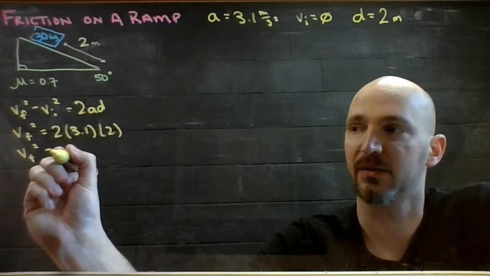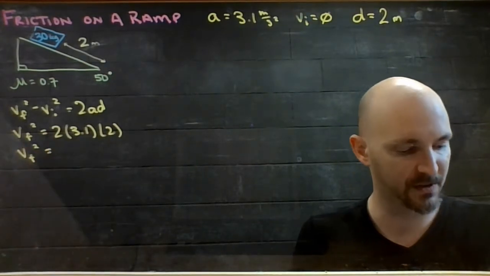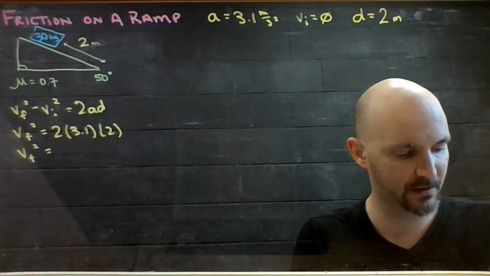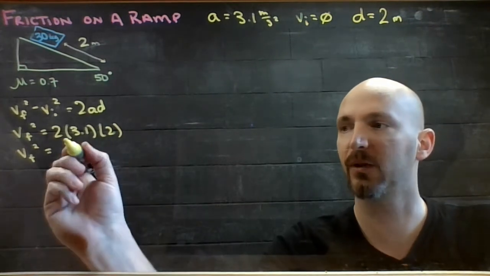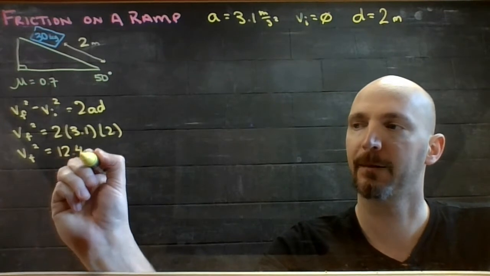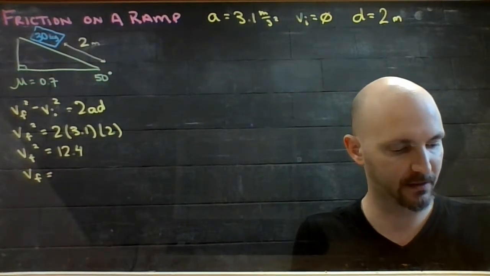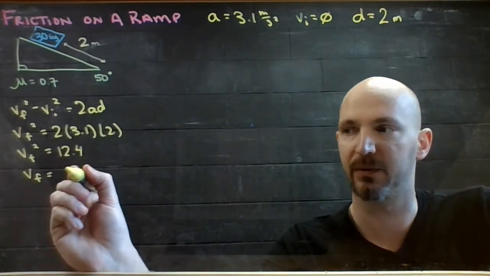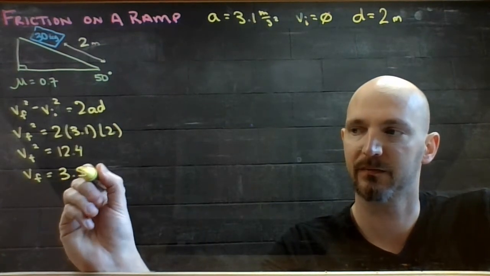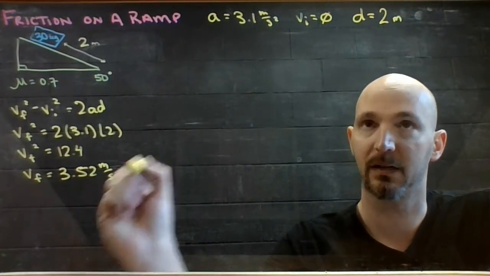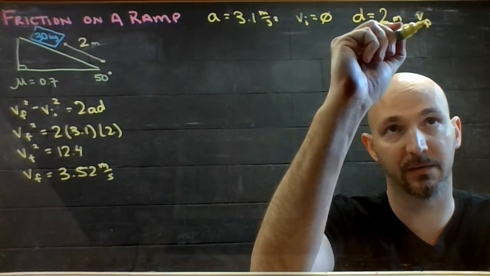So VF squared will be 2 times 2 times 3.1, 12.4. And if I square root that, I end up with 3.52. And I'm going to save that up here for later.